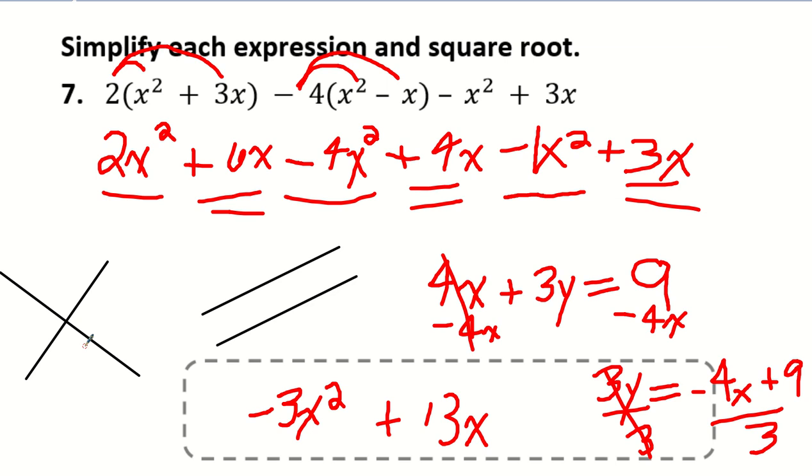So if they want the slope that's perpendicular to some other line, you take that other slope and you change the sign and you flip it. Okay?